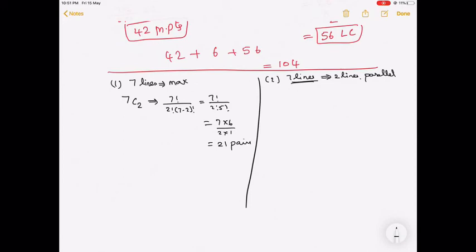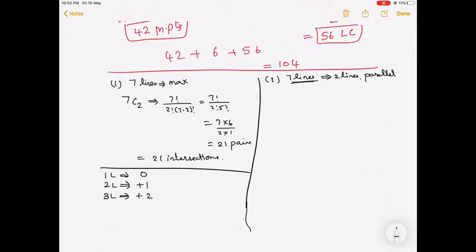For each pair of lines there will be 1 intersection. Therefore there are 21 intersection points. So this is one way of solving this problem. An alternate way would be, when I have one line, there will be 0 intersection points. When my second line comes into the picture, it will come with 1 new intersection point. A third line will have 2 new intersection points.